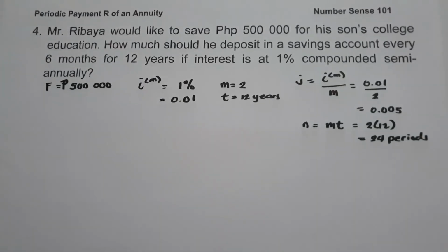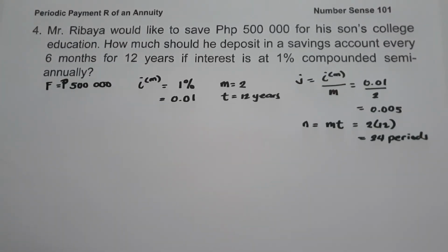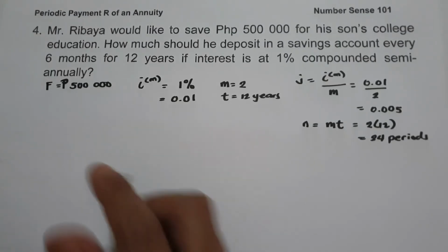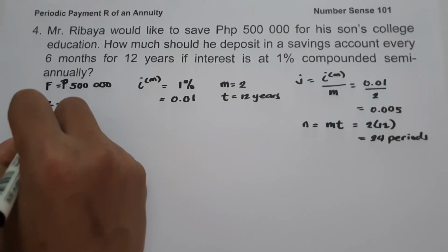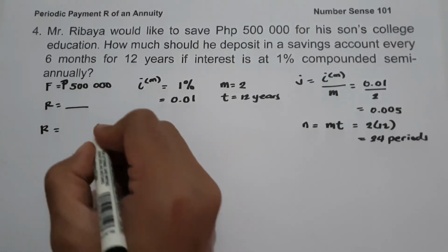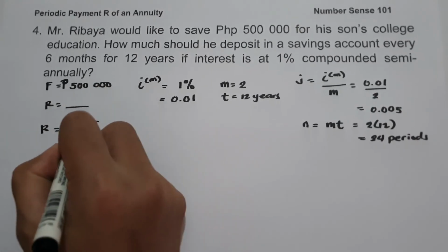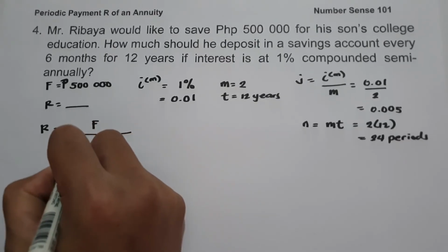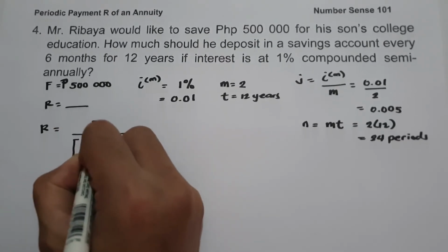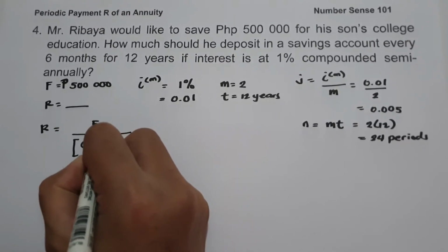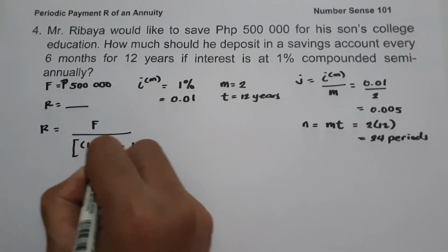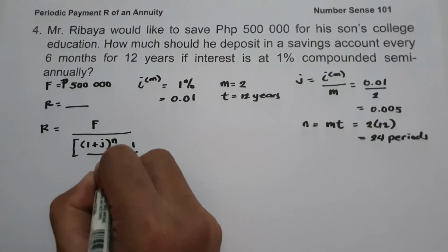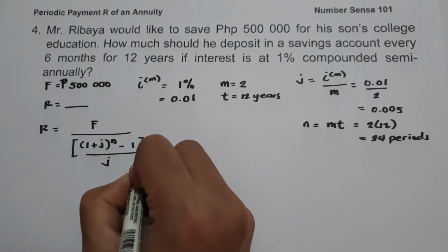periods. So to determine the regular payment or the amount of money he deposited every 6 months for 12 years, we are going to use the formula regular payment equals future value over quantity 1 plus interest rate per period raised to n minus 1 all over interest rate per period.